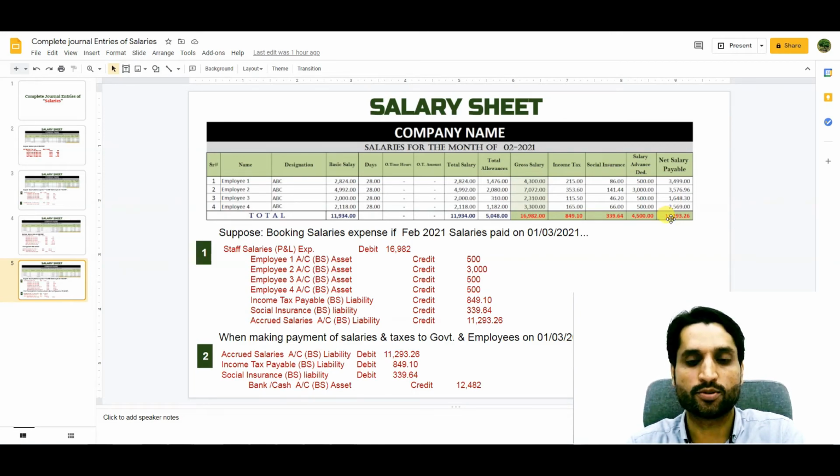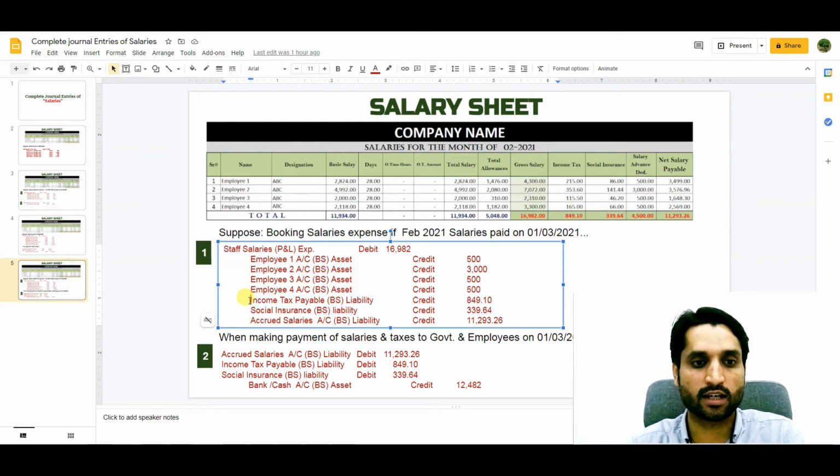Now, when making payment of salaries and taxes to the government and employees in March, these three accounts, which are liabilities of February, we are going to make zero while making the payment.